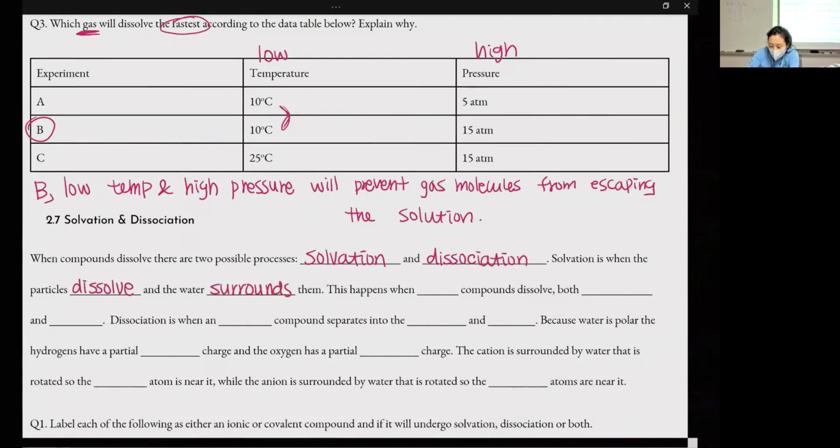This happens when all compounds dissolve, both ionic and covalent. Dissociation is when an ionic compound separates into cation and anion.